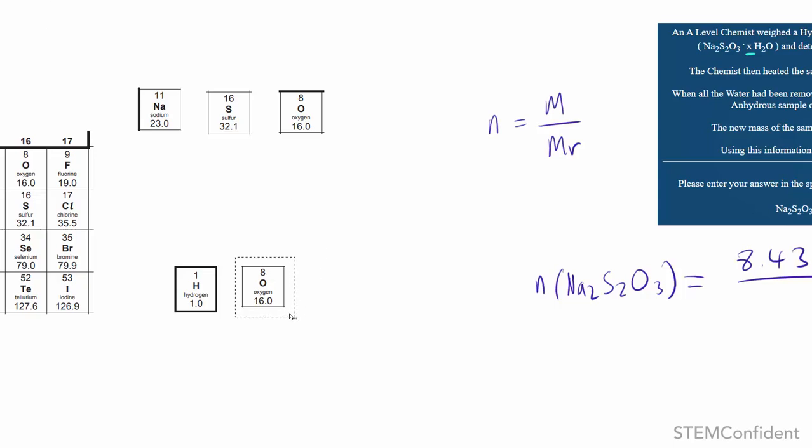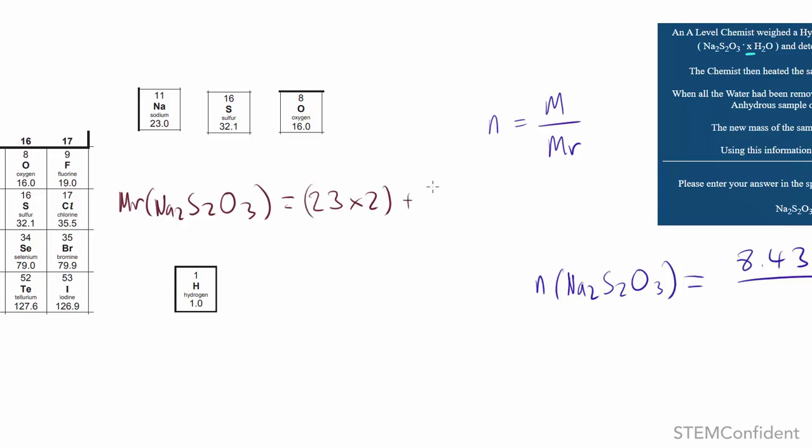So the Mr of Na₂S₂O₃, that's going to be, for Na2, 23 times 2, plus 32.1 times 2, plus, for the O3, 3 times 16, right?